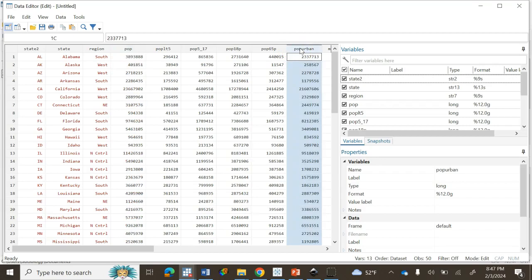So these columns are basically your variables. And if you click on the first row, second row, third row, these are the cases or values in your variable. For example, for urban population, this number in this row is a case or a value. So this is how a data set looks.